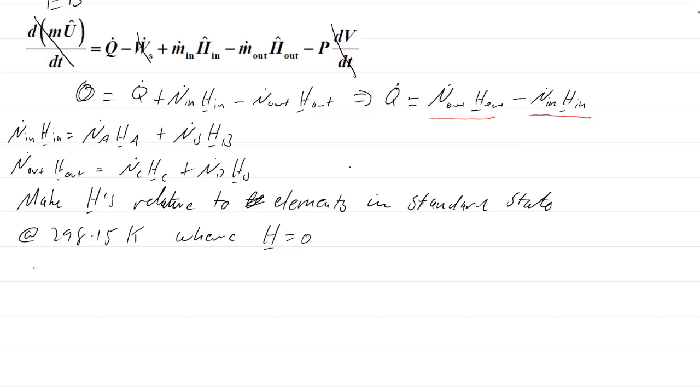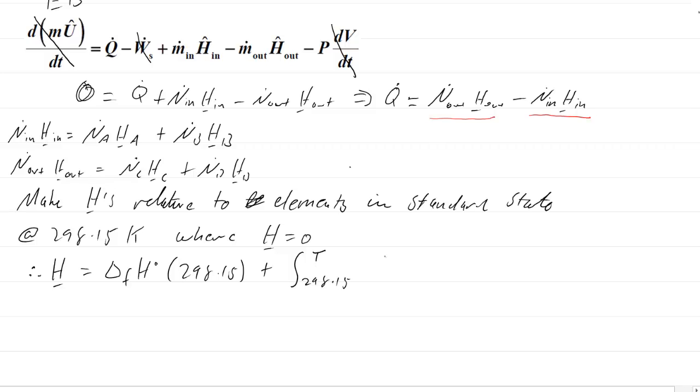And so for our enthalpies, we can calculate them as the standard enthalpy of formation at 298.15 plus the integral from 298.15 to whatever temperature we're interested in, Cp dT. Okay, and the important thing here is because we've assumed ideal gas conditions, we can use the ideal gas heat capacity, which we know is just a function of temperature.